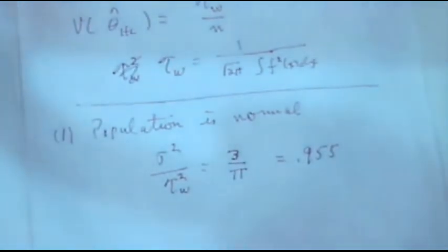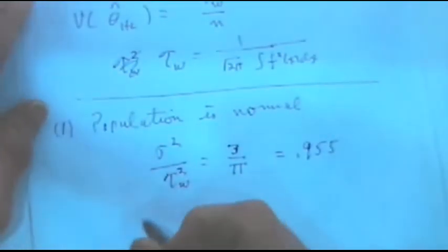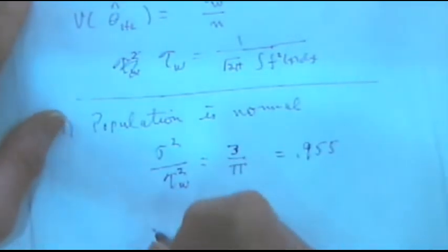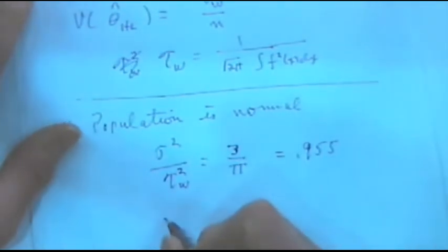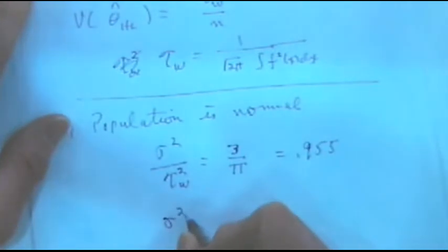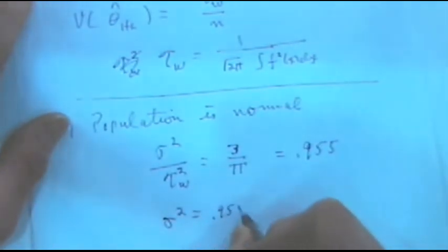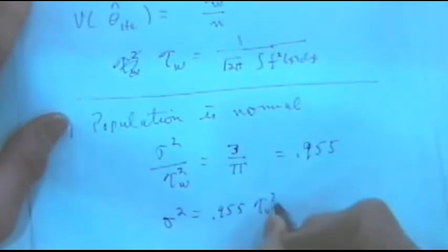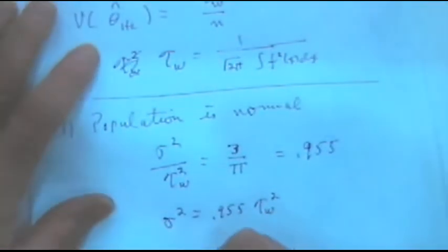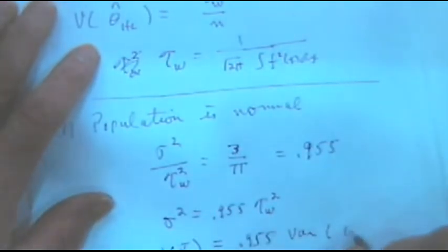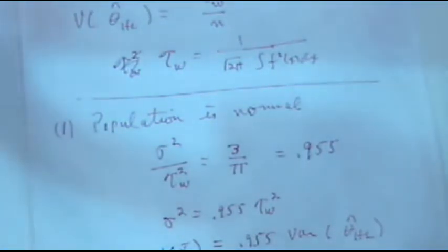You cannot beat x bar. Okay, it's a normal population. But the variance ratio is only at this fraction. See, that's a lot bigger than that.